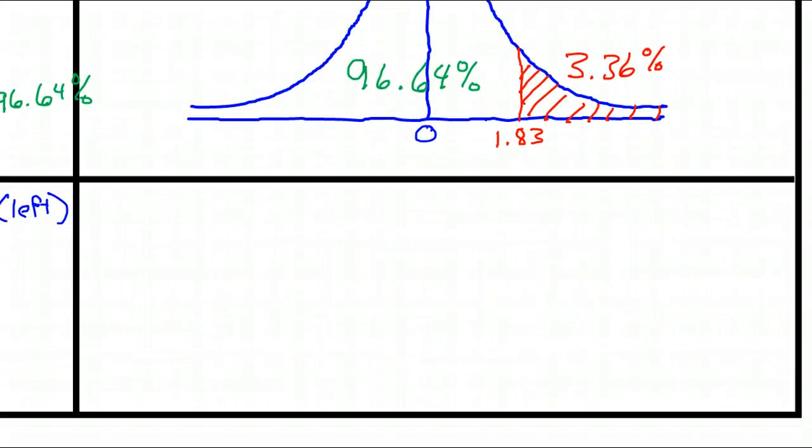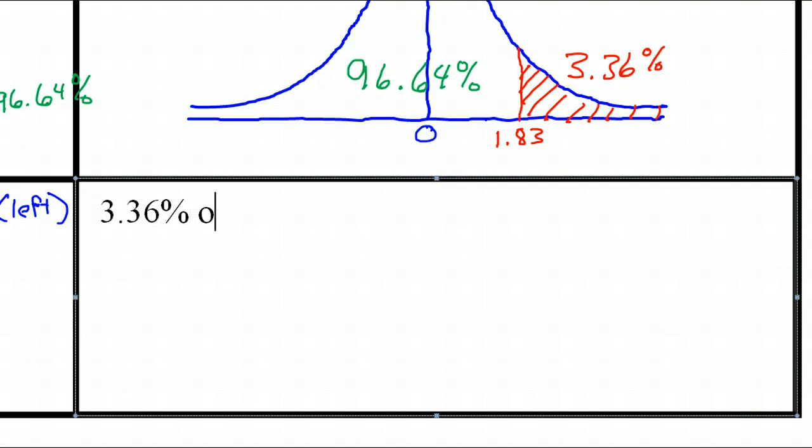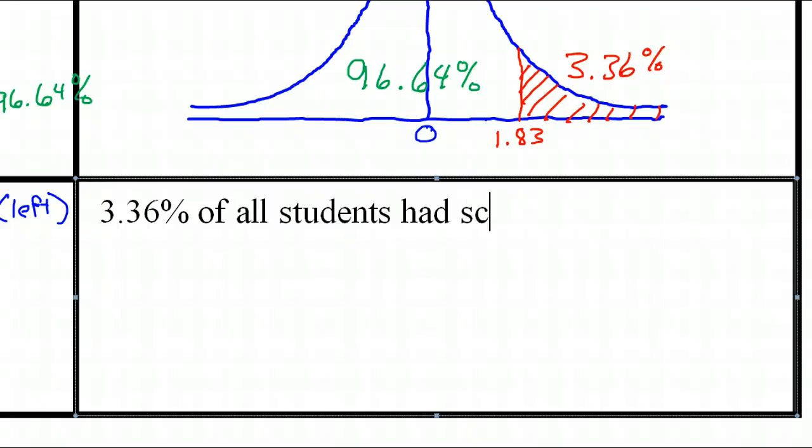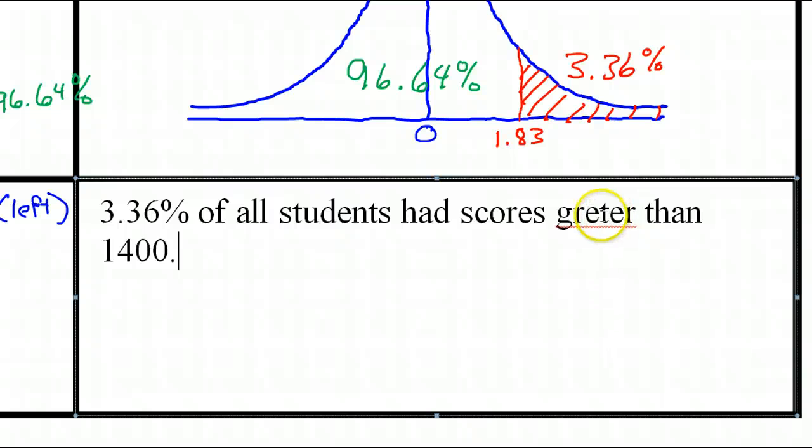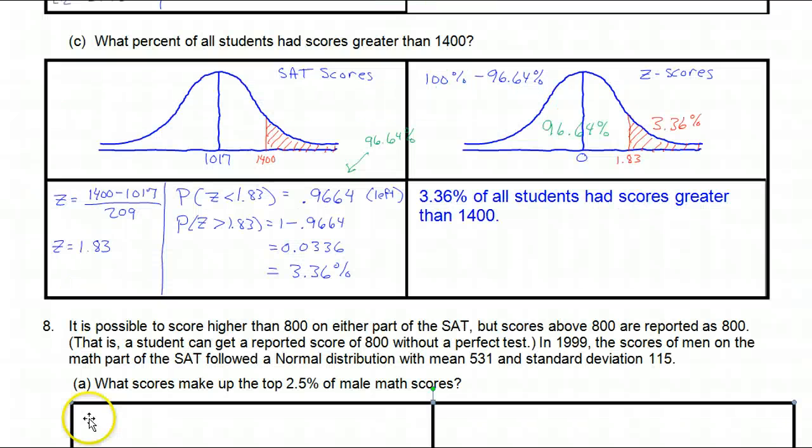And now we just found out the answer, 3.36% of all students had scores greater than 1400. All right, that's all she wrote. All right, so there's an overall view of what just went down. Check it out.